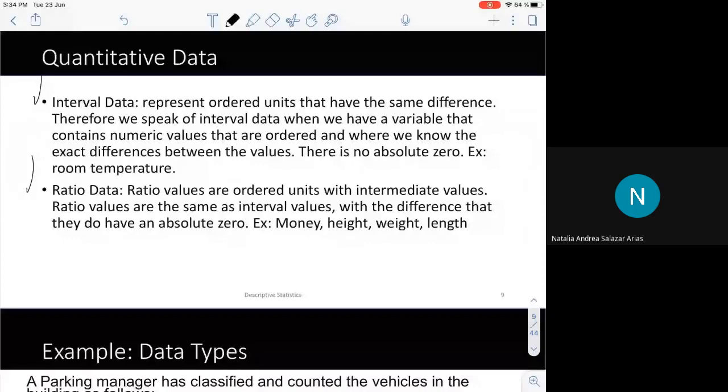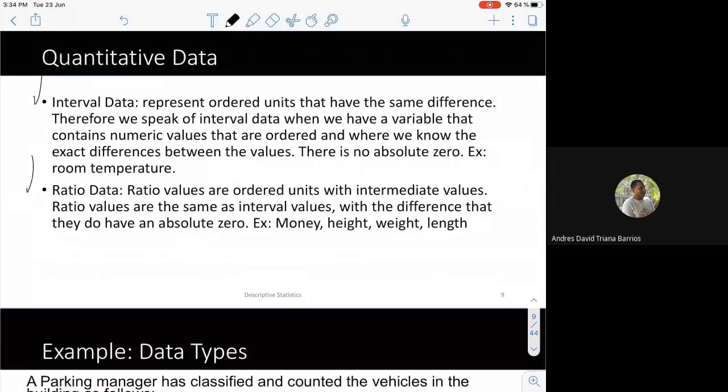For example, if we're talking about the room temperature, if I say that the room temperature right now is 0 Celsius degrees, does that mean that there is no temperature in the room? What is the meaning of zero in a room? If the room temperature is 0 Celsius degrees, what is the meaning of that?